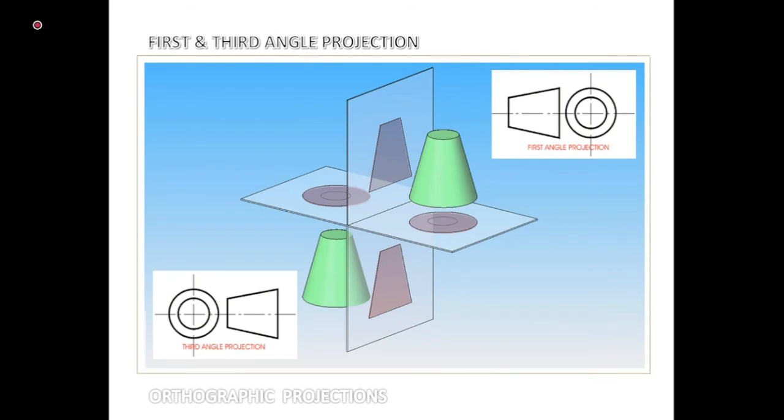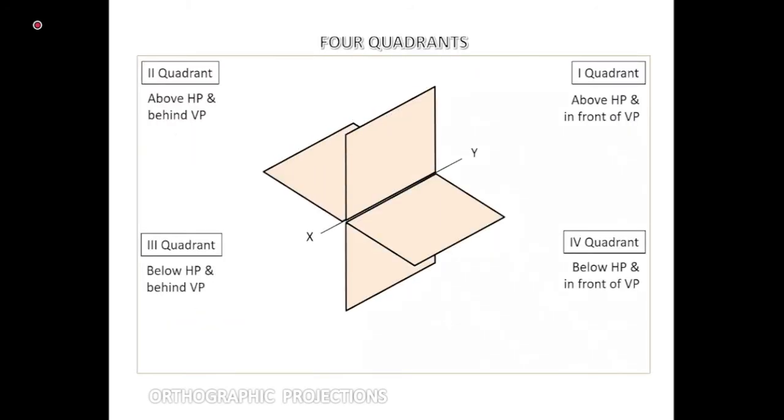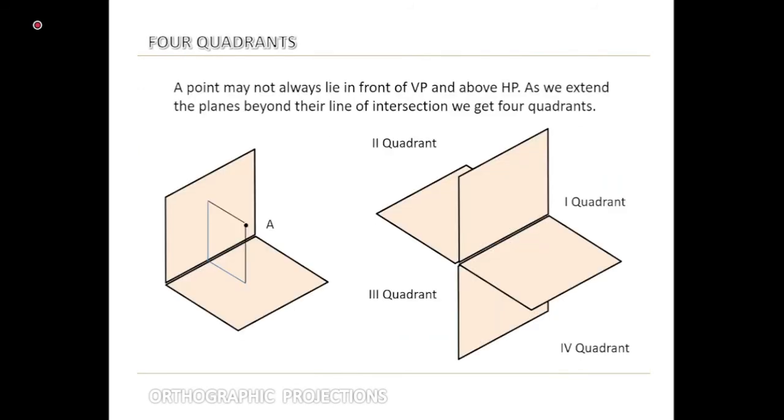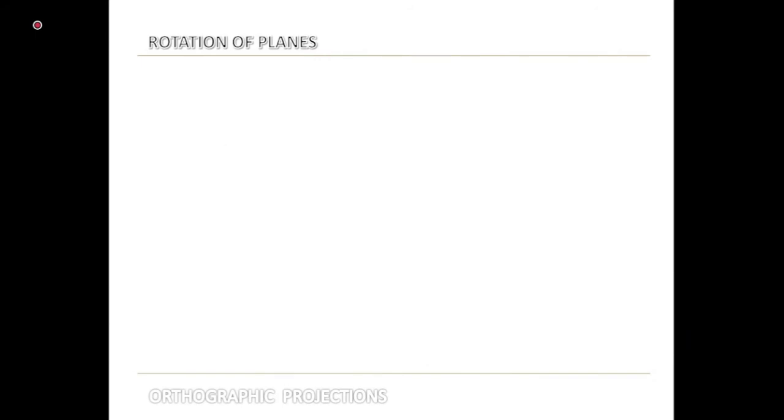So what about the profile planes, where will they lie, left or right? I guess we have discussed that in this part of the slide, where I showed you which profile plane this is. Can you tell? On the left side, sir. This is the left profile plane. So where will it be?